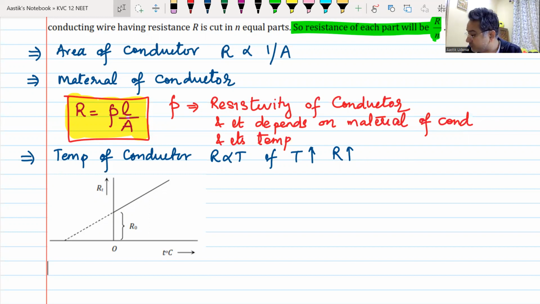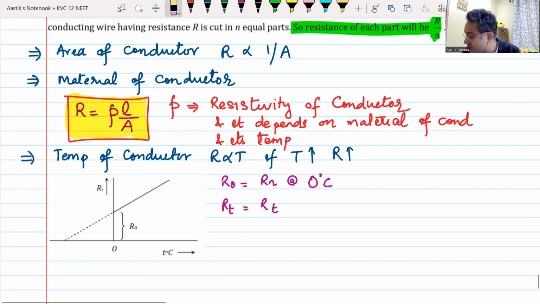Here R naught: what are the things that you have to remember? R naught is the resistance at 0 degrees Celsius. RT is the resistance at T degrees Celsius.